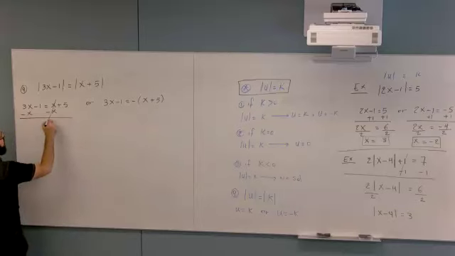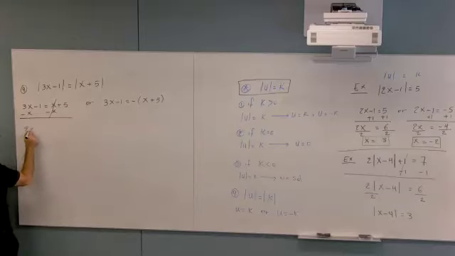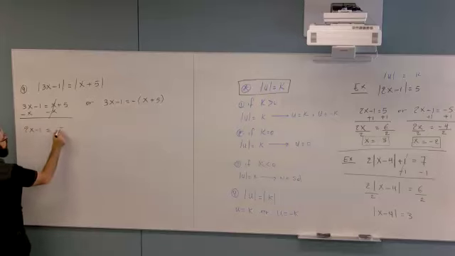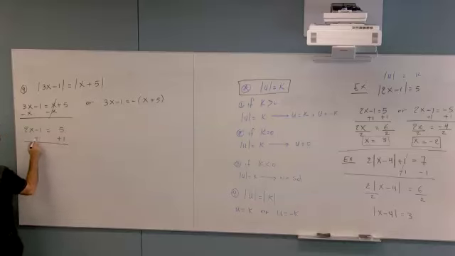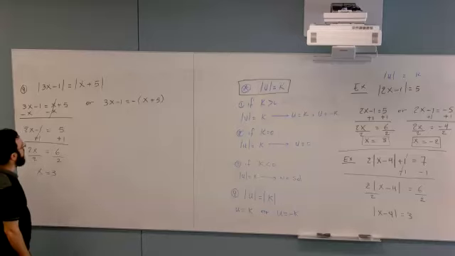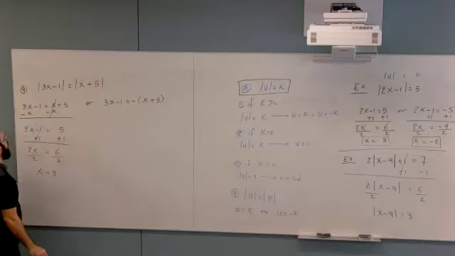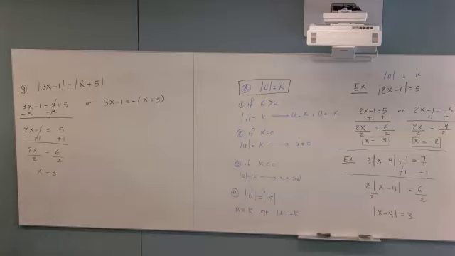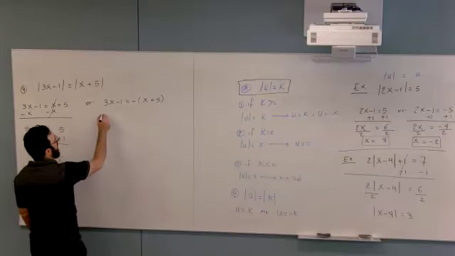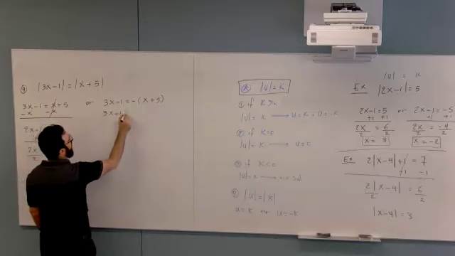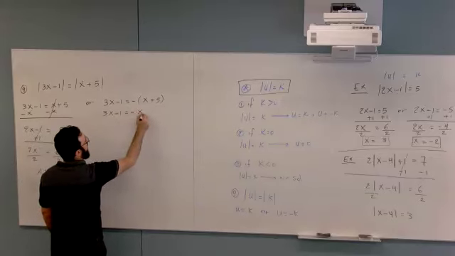How are we going to solve this one? Minus x from both sides. It's going to be 2x minus 1 equal 5, then add 1. 2x equal 6, divide by 2. x is going to be equal 3. Here it's going to be 3x minus 1 equal, distribute the negative sign.